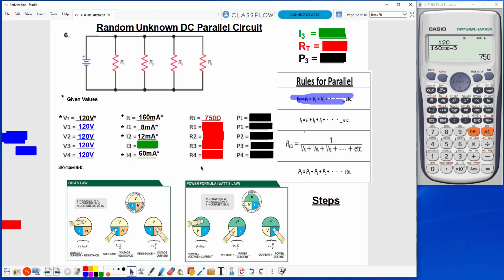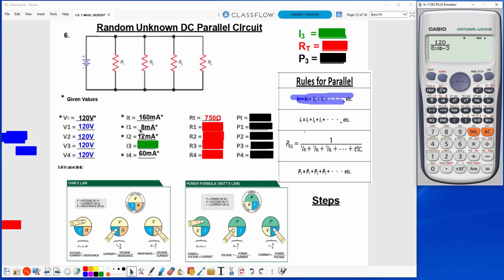So let's solve for R1. We're going to take the 120 volts divided by 8 milliamps. So let me change this up here to 8 milliamps. From 160, we're going to go down to 8. And that is this voltage divided by this current.